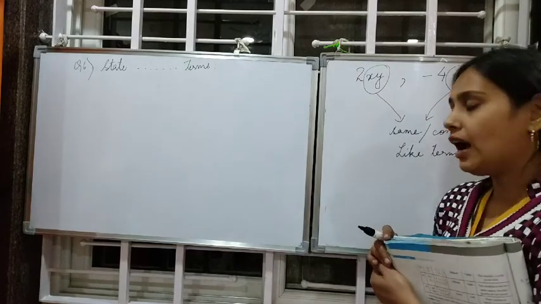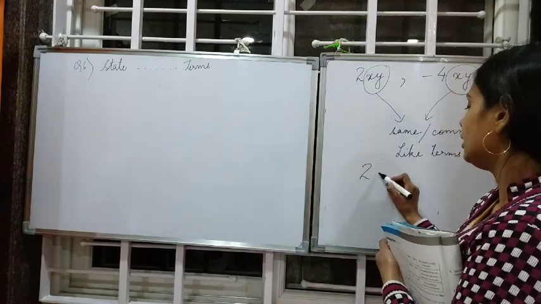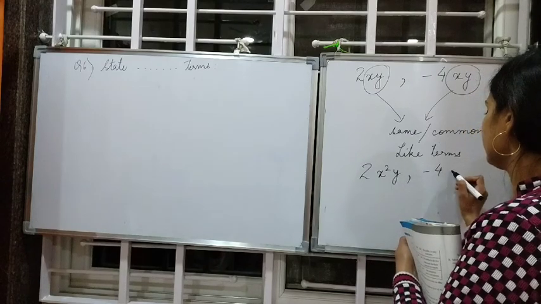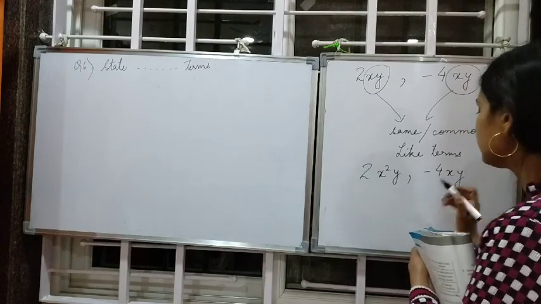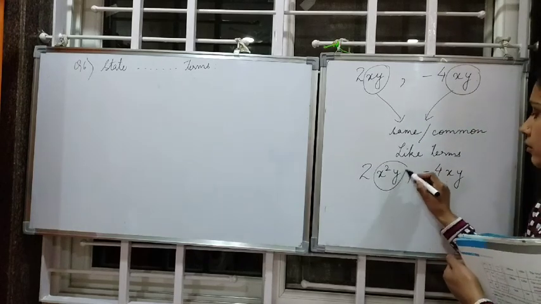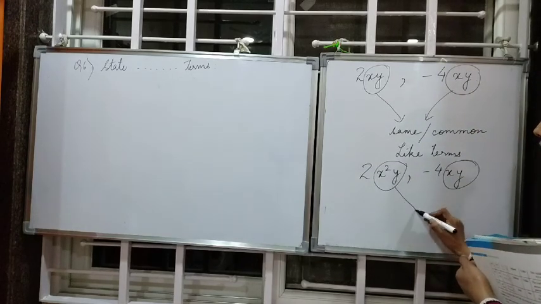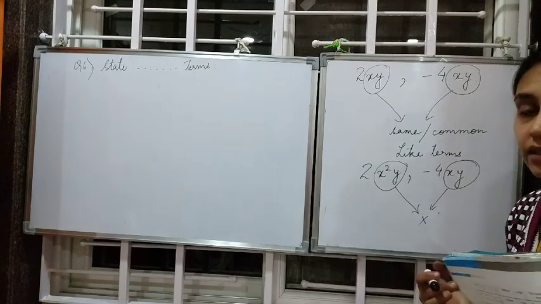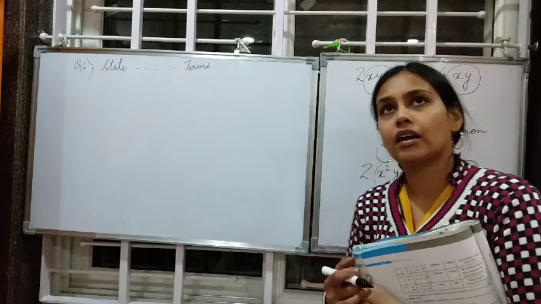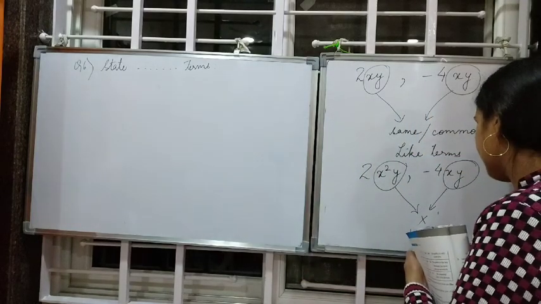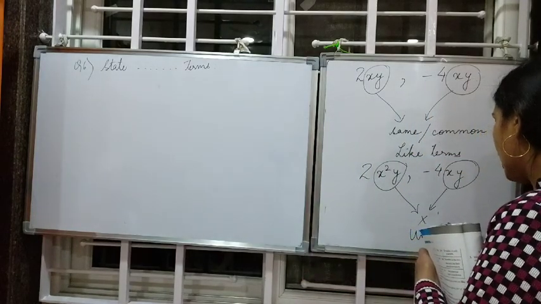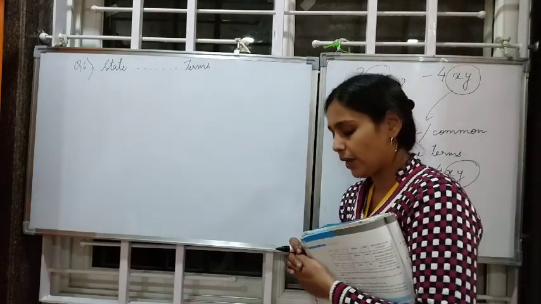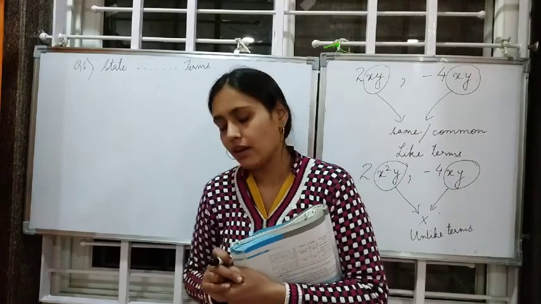Okay? And if the variables are not common or not same, then the terms are known as unlike terms.